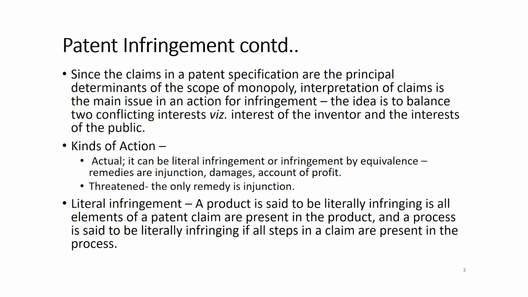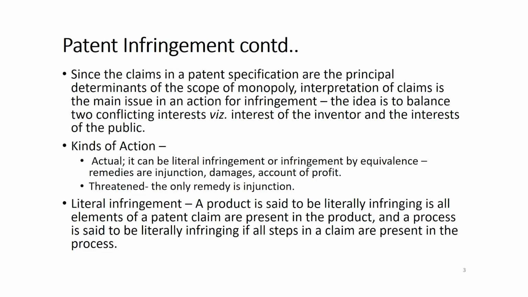Court's role is to examine or construe the claim. I already mentioned in the previous class that in every patent application, claims part is the most important part, because patent claims is the part which determines the scope of monopoly.